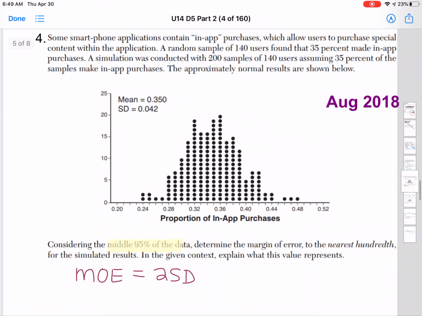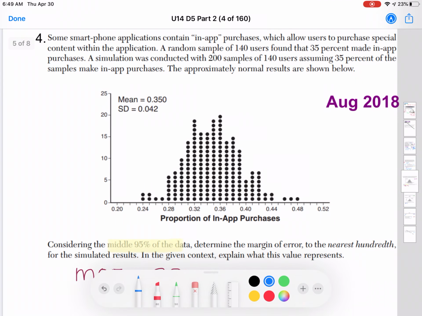Okay, next. And you can see these all look about the same. I highlighted again the 95% confidence interval, and this data is also going to be super important. Okay, let's check it out. It says some smartphone applications contain in-app purchases which allow users to purchase special content within the application. A random sample of 140 users found that 35% made in-app purchases. A simulation was conducted with 200 samples of 140 users, assuming 35% of the samples make in-app purchases.